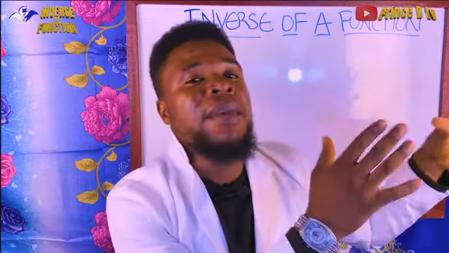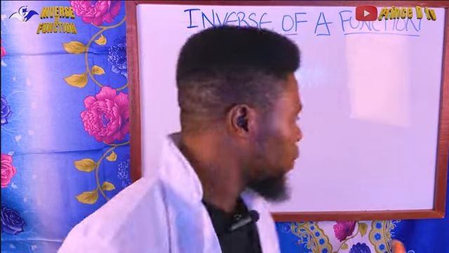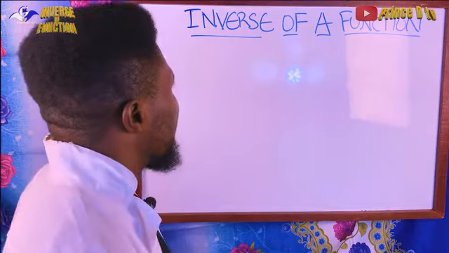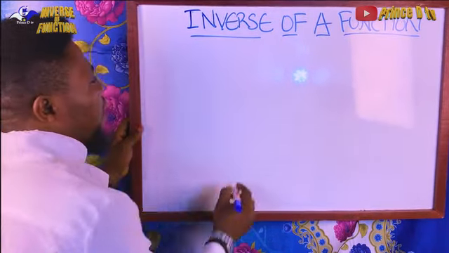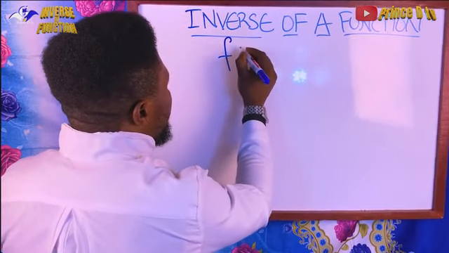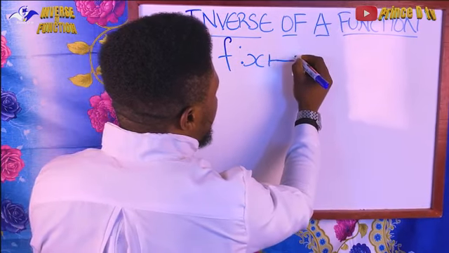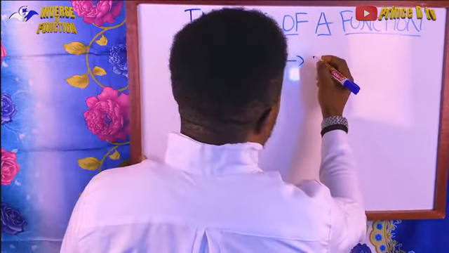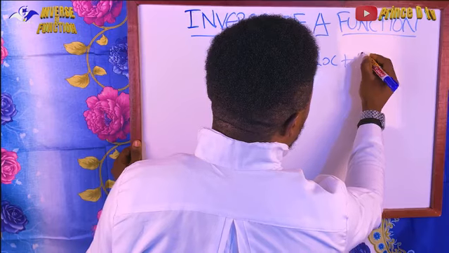Elements from the codomain or the range, we look for a rule to map them back to the elements of the input set, and that is the domain. So, for example, having a function f such that x maps onto 2x plus 2.